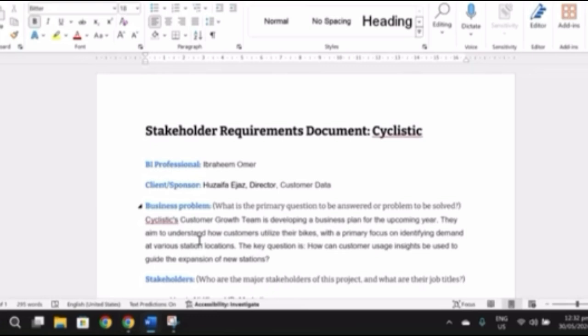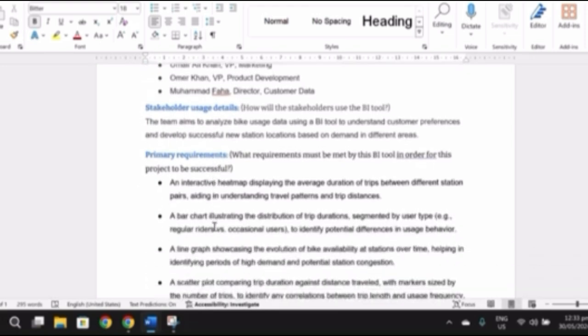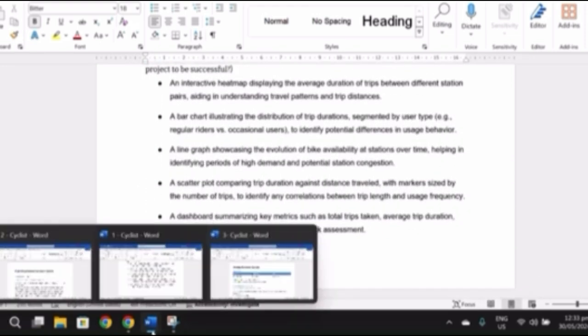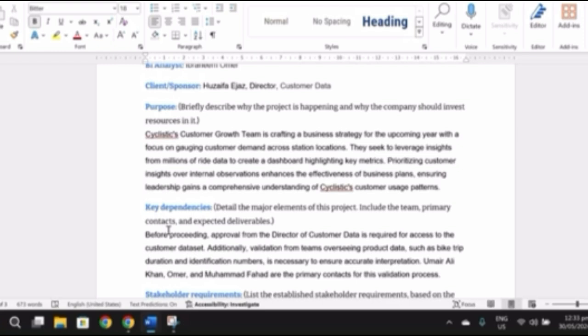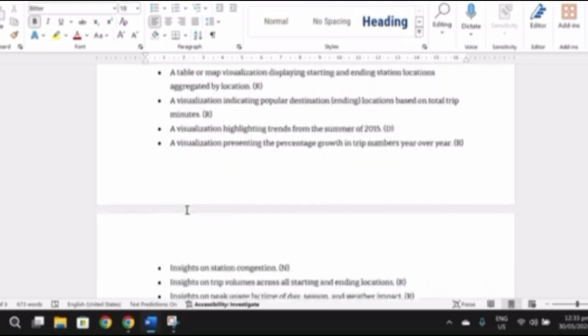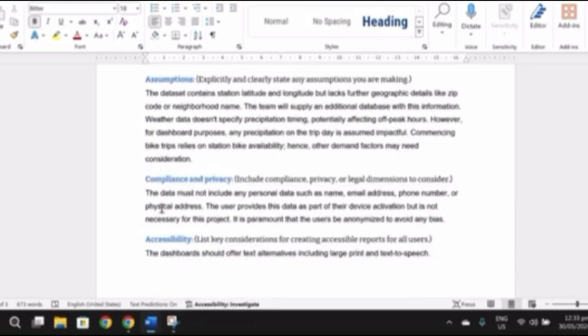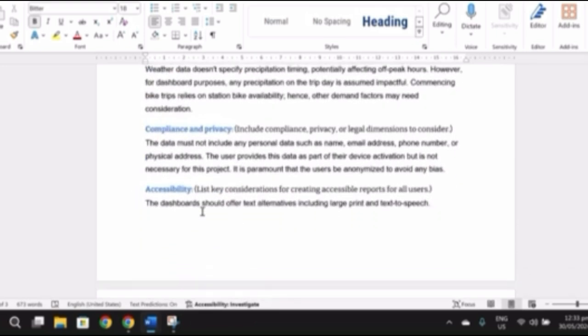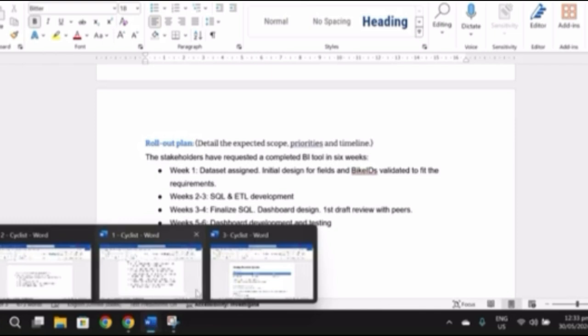First we write the BI professional name, then the client sponsor of the business problem, stakeholders, stakeholder usage details, primary requirements, and then in the second document, which was the project requirement document, we had to write the BI analyst name, client sponsor, purpose, key dependencies, stakeholder requirements, success criteria, user journey assumptions, and privacy and accessibility.